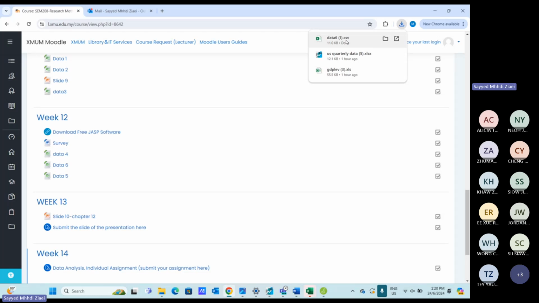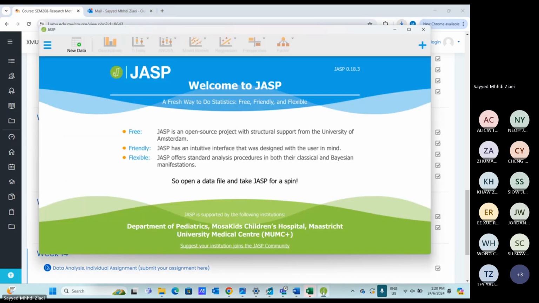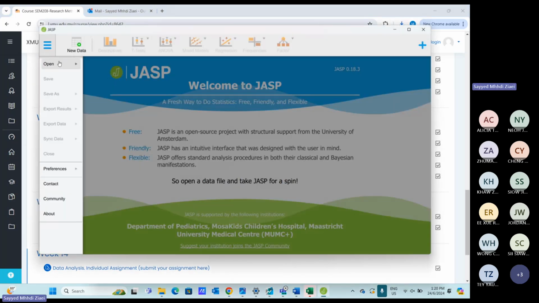Make sure that if your Excel file doesn't have this extension, you change it to CSV. Okay, data.